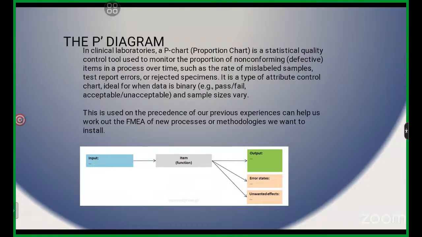It's a type of attribute control chart. It's ideal when data is binary, e.g. pass or fail, so acceptable or unacceptable, and the sample size varies.